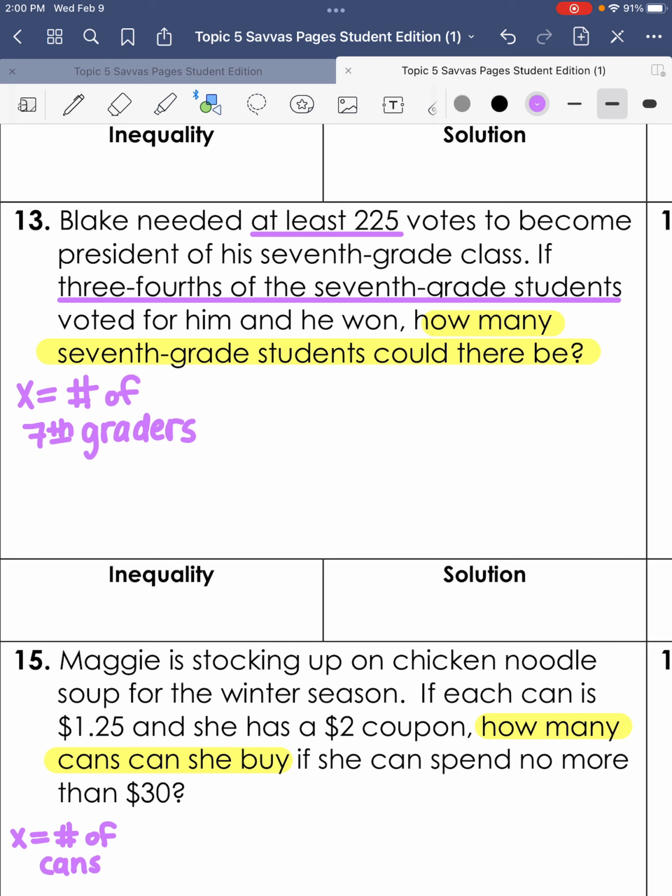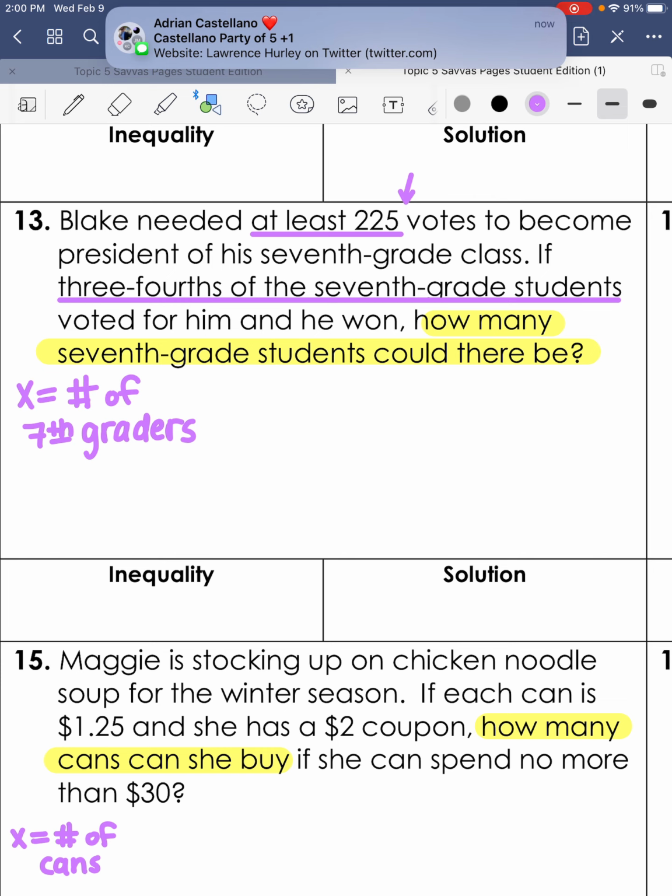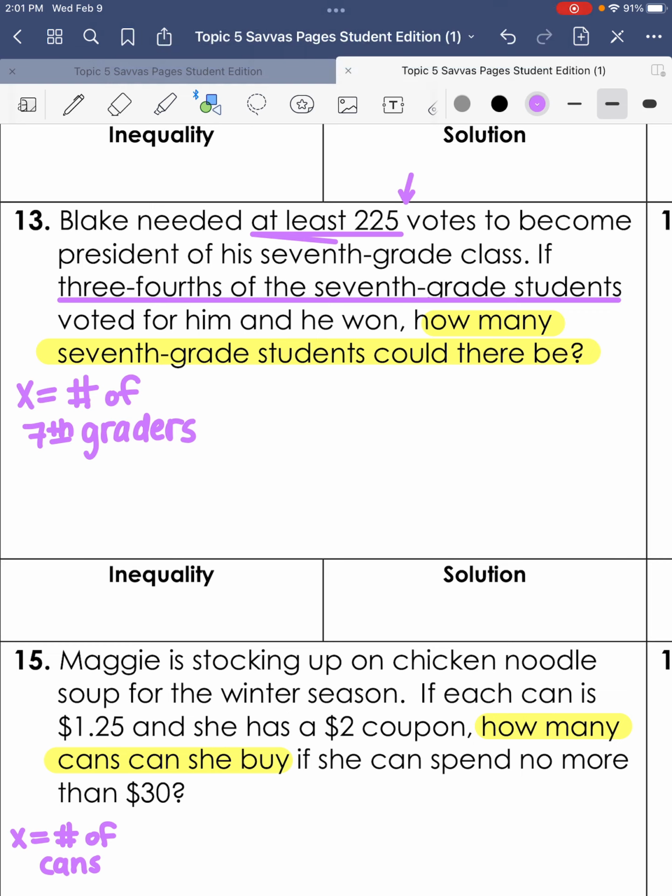So really my important numbers are 225 and 3/4, right? Well, which one of those numbers is a total? What do you think? If you said 225, you're right. And the reason I know that that's the total is because I also have my inequality word at least right there, right?